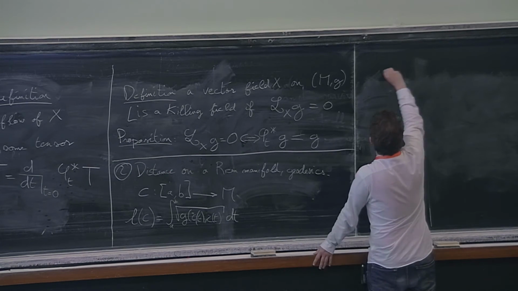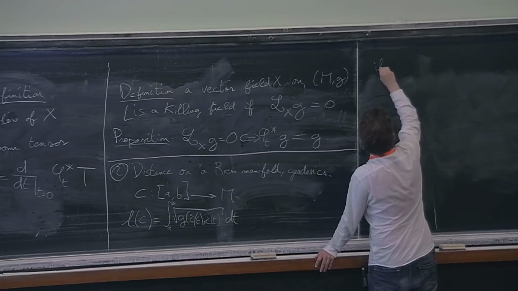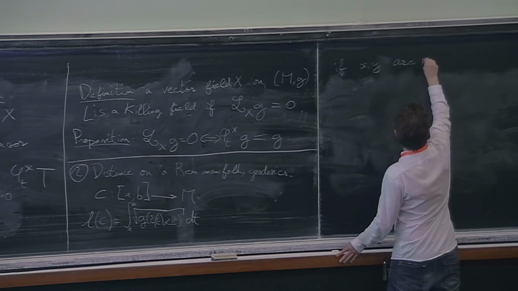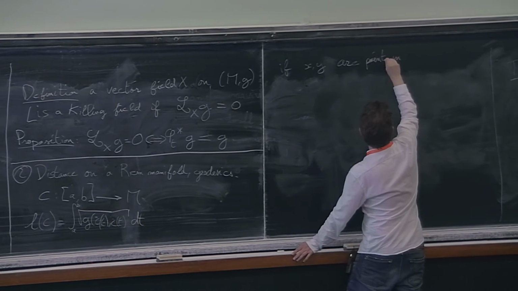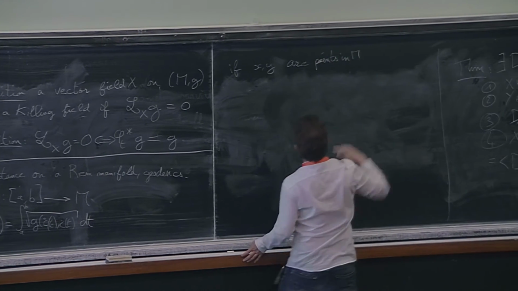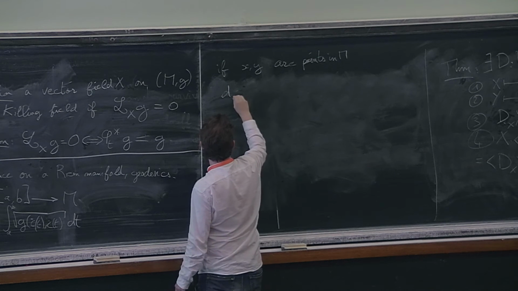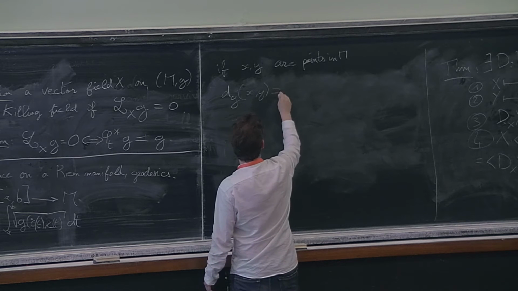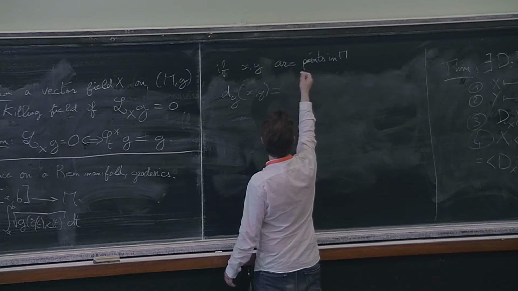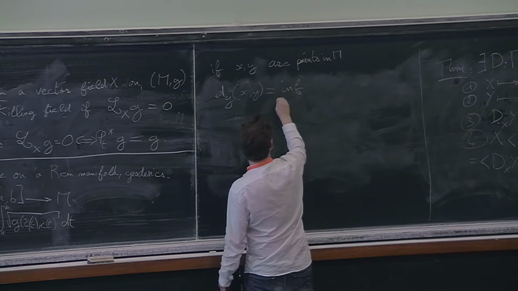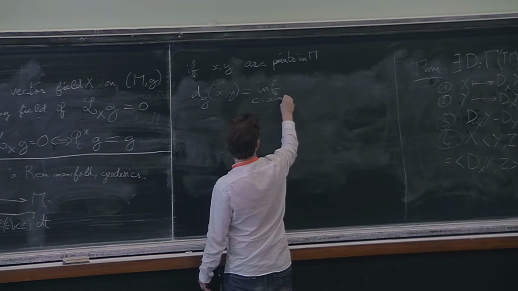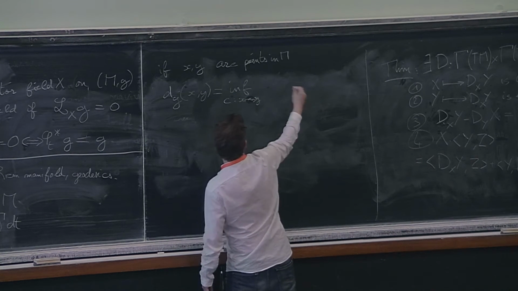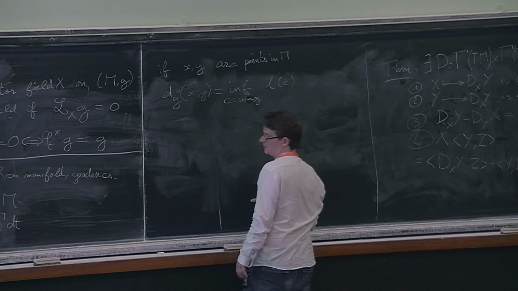And we defined, so if x, y are points in M, the Riemannian distance dg between x and y is equal to the infimum over all curves C from x to y of the length of these curves.